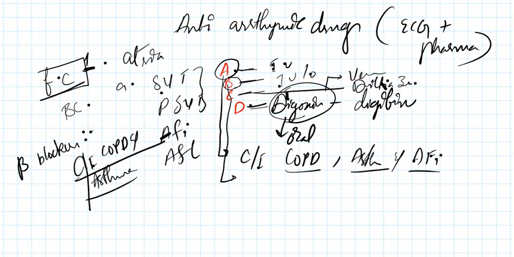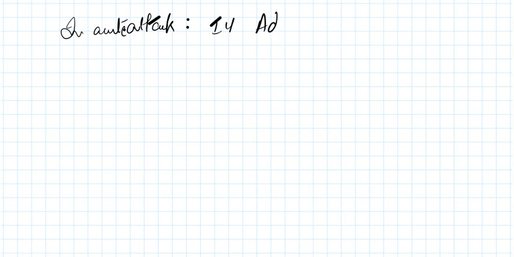Now we will just check some important points here. What you will do if a patient gets an acute attack of arrhythmia, right? First one, always prefer IV drugs. In IV drugs, what is the king?